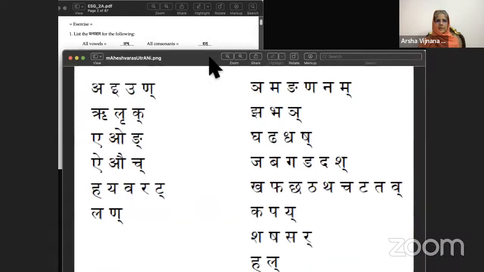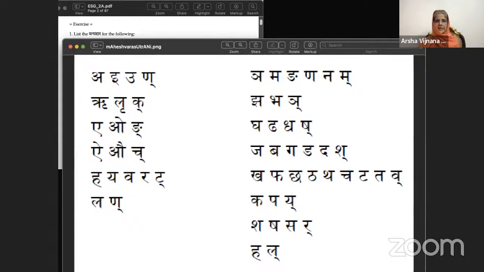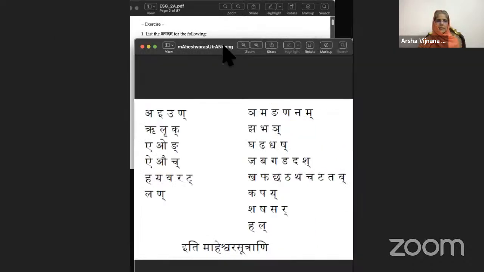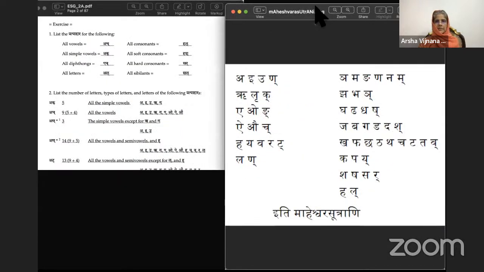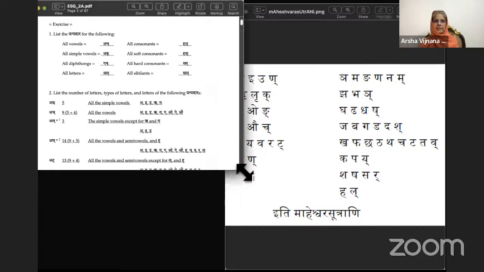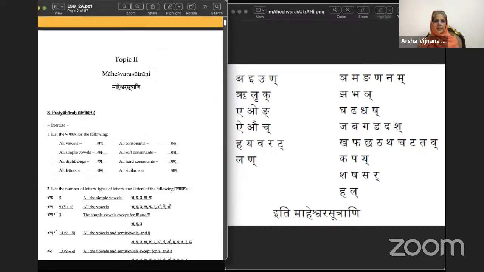Also you have to make it small. Can you see if it is made small? No, you can't see this at all? Can you see the Maheshwara Sutras? Yeah, we can see the Maheshwara Sutras, but not the exercise. Yeah, I don't blame you.